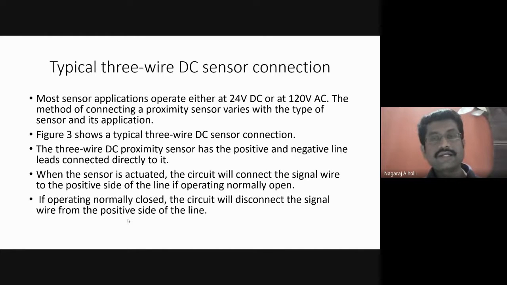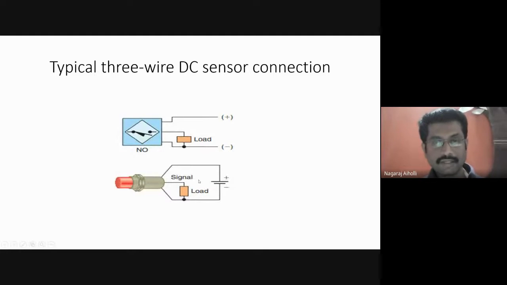Typical 3-wire DC sensor connection. Here it's a proximity sensor which is present with 3 terminals or 3 wire leads. One is connected to the positive of the battery, another terminal of the sensor is connected to the negative of the battery, and the third terminal is connected to the load.